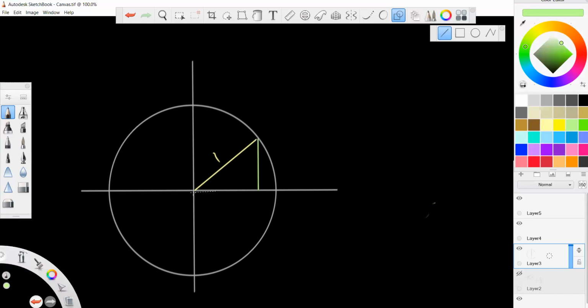And I'll draw the angle as well. Here's the angle theta. This length here is the adjacent, but it's also the x value of the coordinates of this point. And this length here is the opposite to the angle, but it's also the y value of the coordinates of this point.